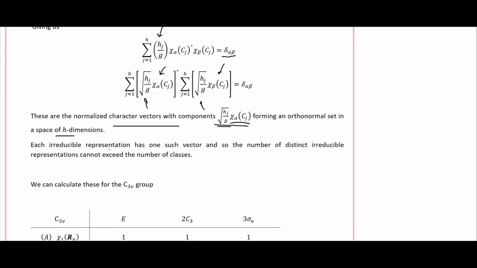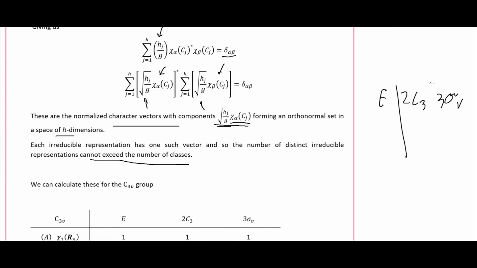So each irreducible representation has one such vector, and so the number of distinct irreducible representations cannot exceed the number of classes. And so that is that other property that we used, where we said, in the C3v, for instance, we have our identity, we have our 2C3, and then we have our 3 sigma v.